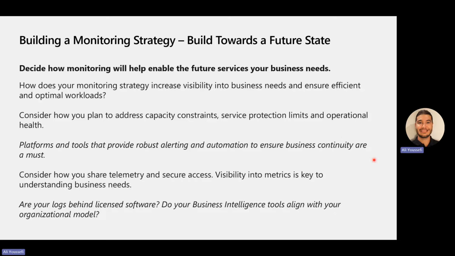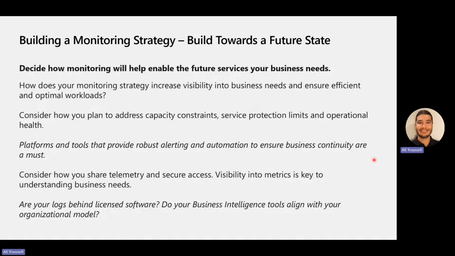And the next one was to decide how monitoring will help enable the future services your business needs, right? So how does your monitoring strategy for Power Platform increase visibility into what your business needs to ensure efficient and optimal workloads, so that your business has a clear picture of what services they would potentially need to improve efficiency?